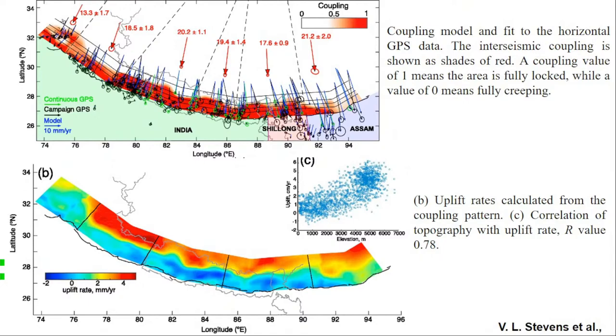Here is Bhutan, where one part has been detached and is moving with different velocity. Actually the whole block is having clockwise motion, so due to that it has a different mechanism.